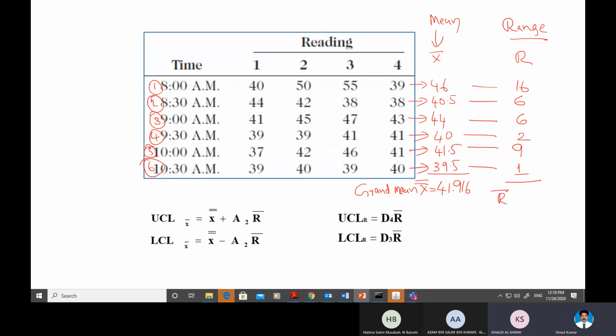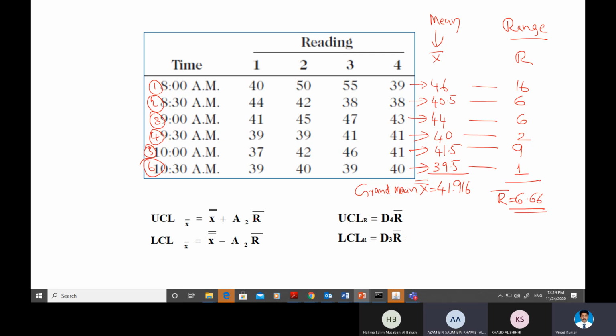So R bar is the average of these range values. What is the meaning of range? In a set of observations, maximum minus minimum is called range. So can we calculate the mean of the range values here? 16 plus 6 plus 6 plus 2 plus 9 plus 1 divided by 6. 6.66 is the average of ranges.